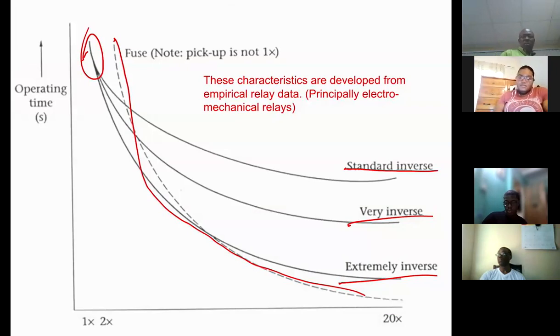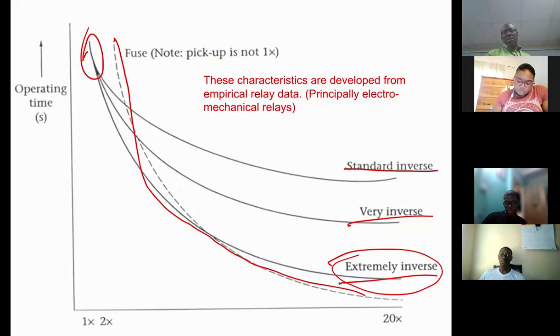The fuse is superimposed because one of the things we will note later on is that the extremely inverse is usually used in networks or parts of the network that have fuses as part of the protection system. So where you have fuses and you are also going to be using relays, then you would use the extremely inverse.